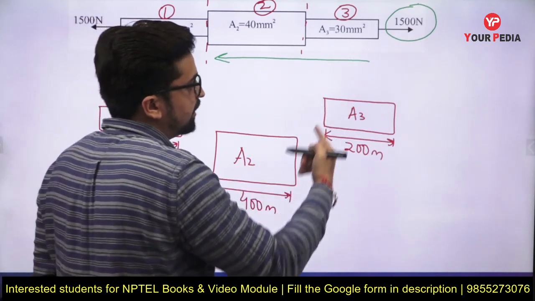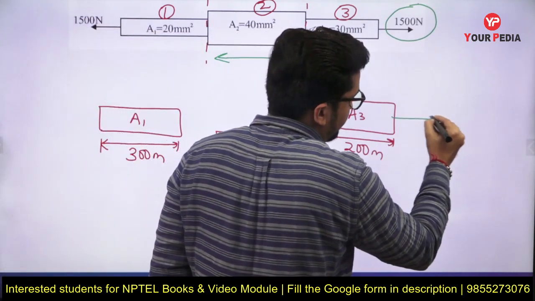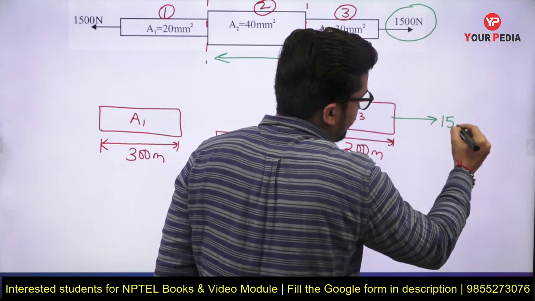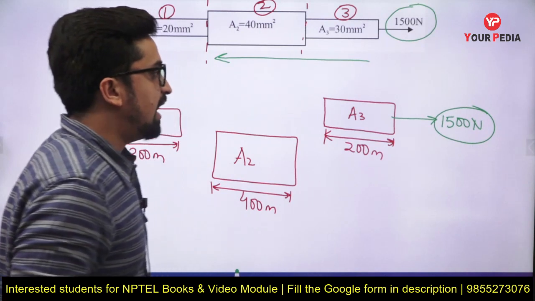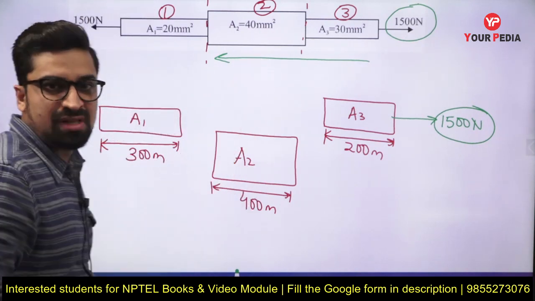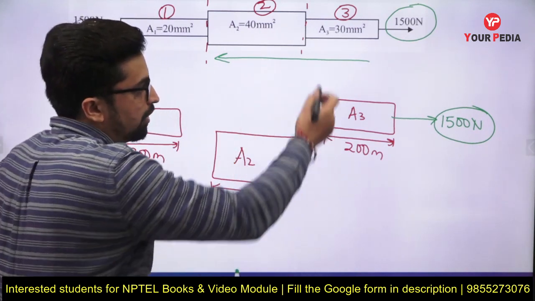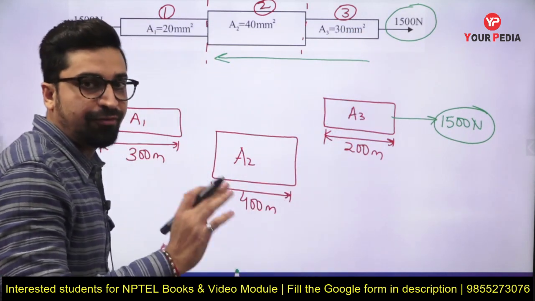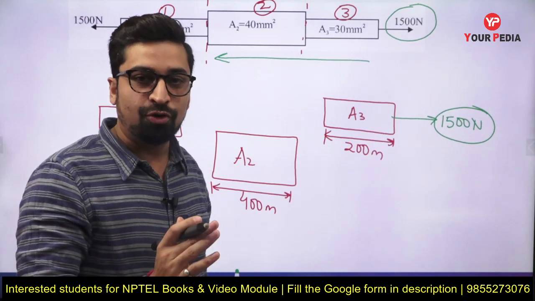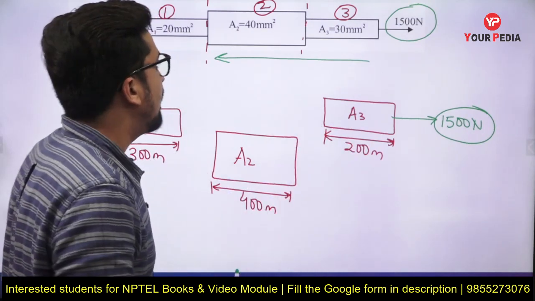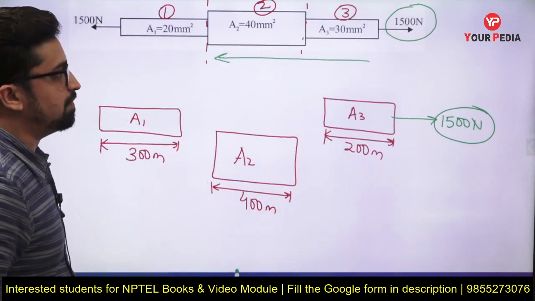On the right hand side of the third bar, there is only a single force, 1500 Newton, and no other force in the middle of this bar. So only the 1500 Newton tensile force will be coming on the third bar.